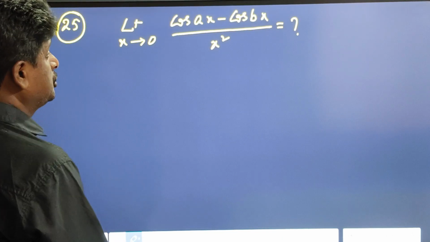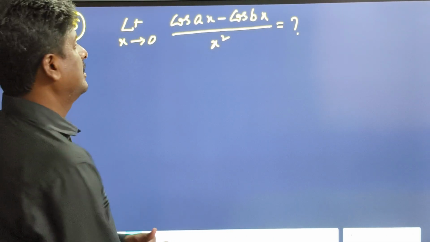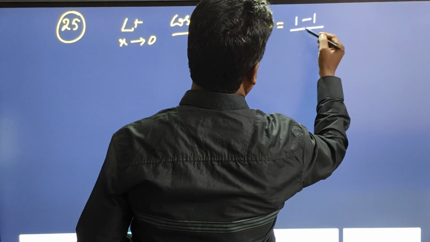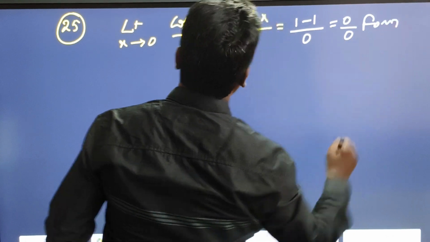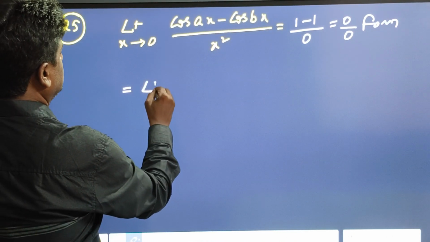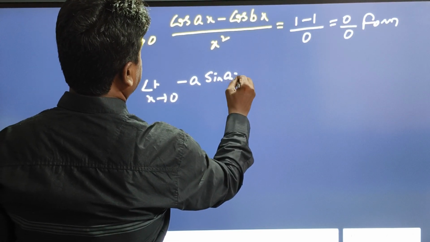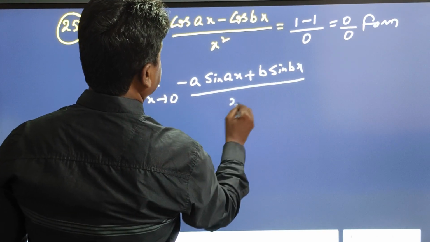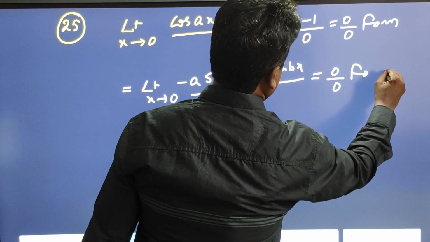Next, limit x tends to 0, (cos ax minus cos bx) by x square. While applying the limit, what are we going to get? Cos 0 is 1, cos 0 is 1, 0 by 0 form. Then we have to use L'Hospital: (minus a sin ax plus b sin bx) by 2x. Applying the limit again, 0 by 0 form we are getting.